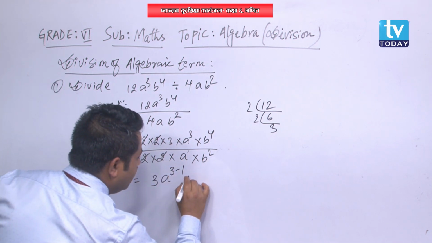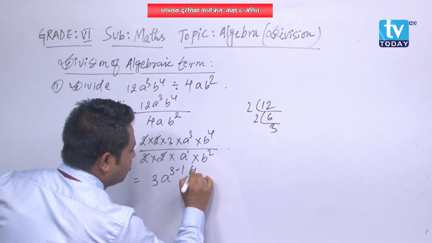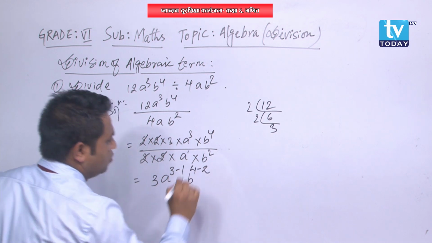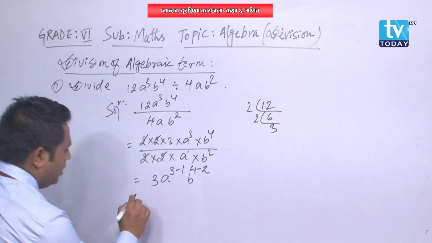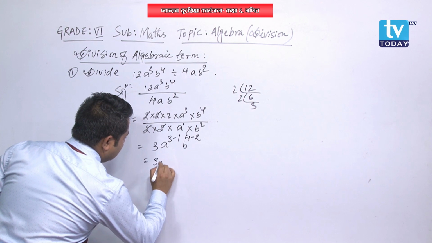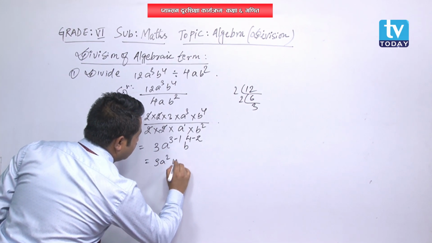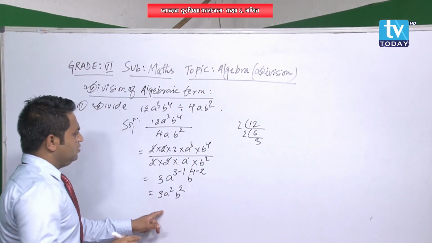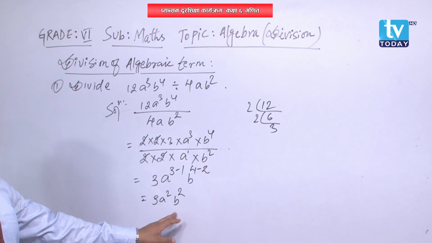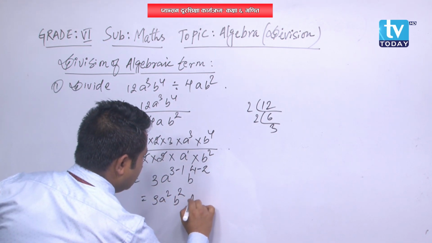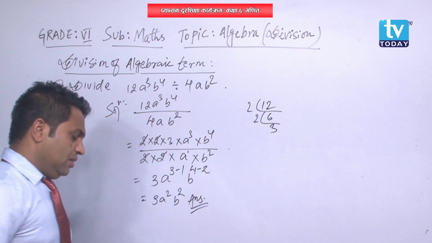Then for b, at the numerator it is 4 minus 2. You can write 3a square b square. 3 minus 1 is 2, 4 minus 2 is 2. This is the answer in this case.